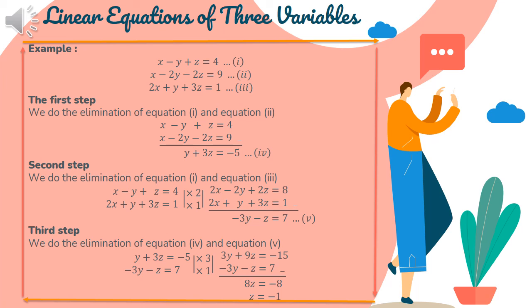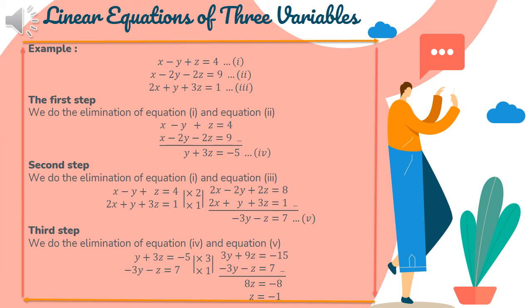Subtract. Result, negative 3y minus z equals 7. Negative 3y minus z equals 7 becomes the fifth linear equation.